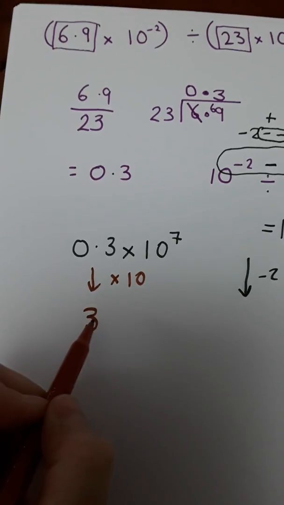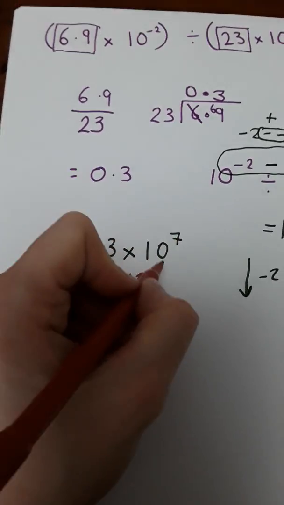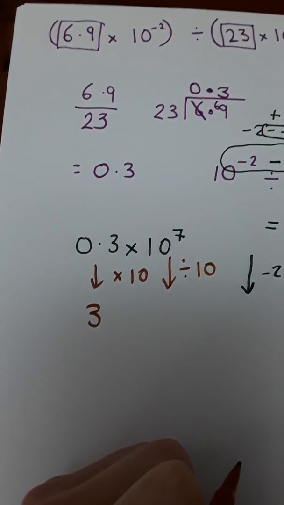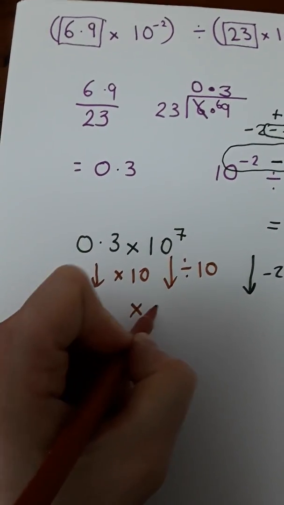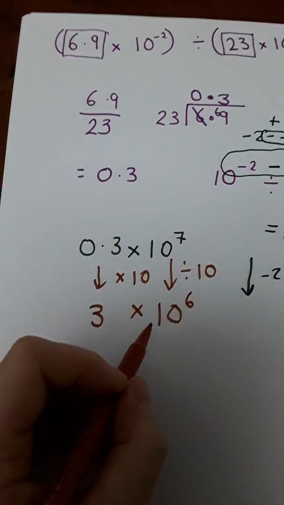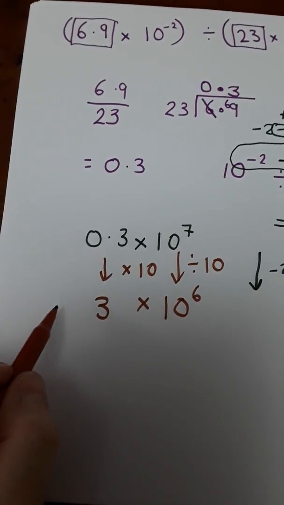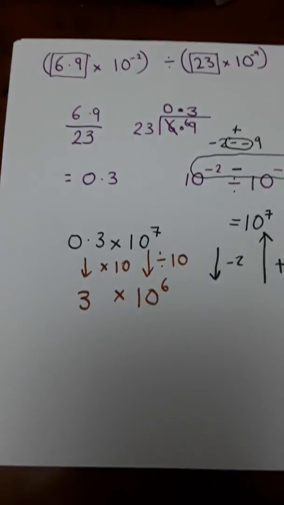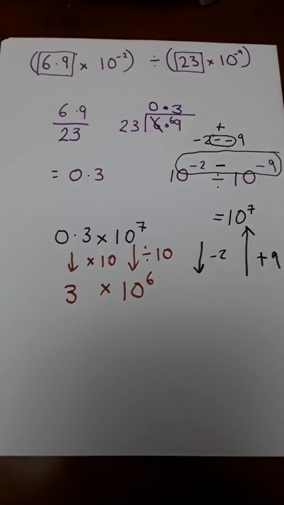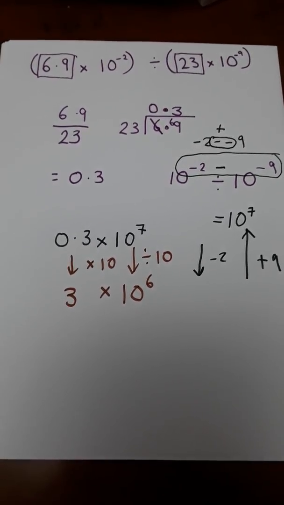So if we've times by 10 this side, we need to remove a 10 from this side to make up for it. So we end up with times 10 to the 6. And if you can get your head around that, there's lots and lots of marks in an exam available on it usually.